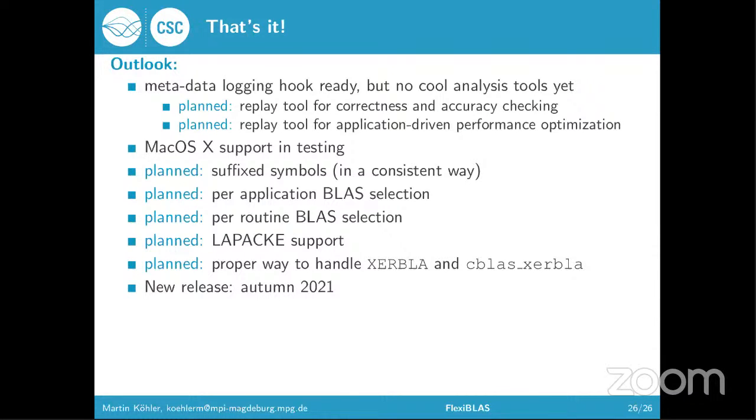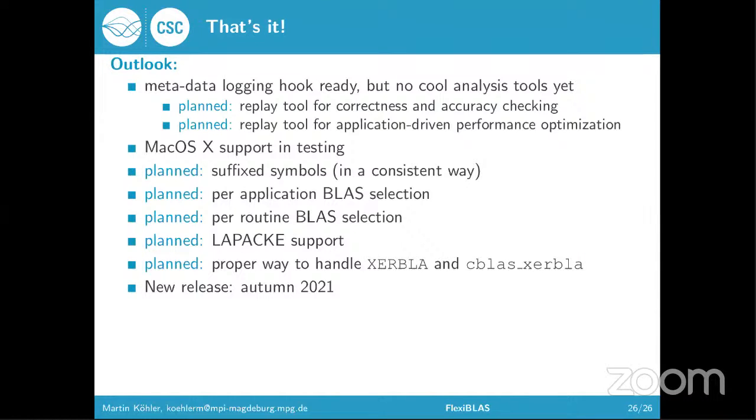What we have planned for the next release is this: we have a metadata logging hook already available, but we don't build any cool tools out of it yet. Metadata logging means we collect all non-array arguments of all BLAS calls in an SQLite database.